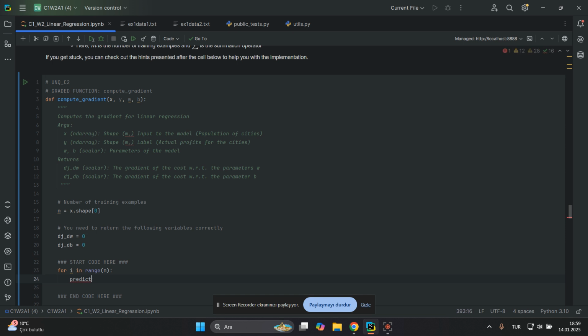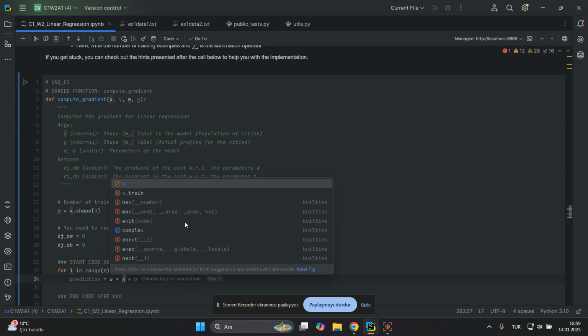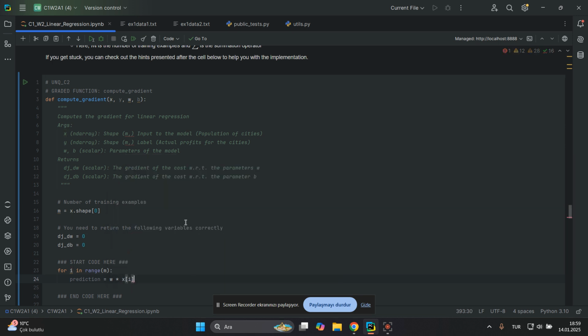Prediction should be equal to w times x[i] plus b.